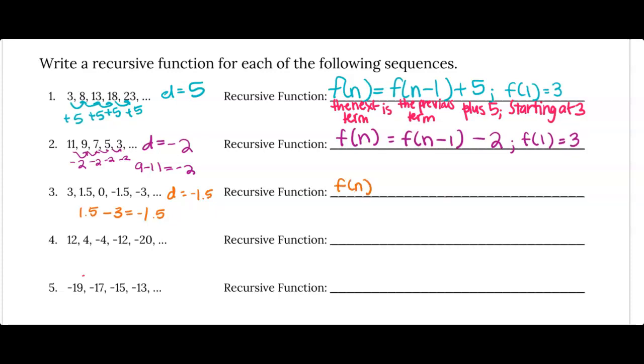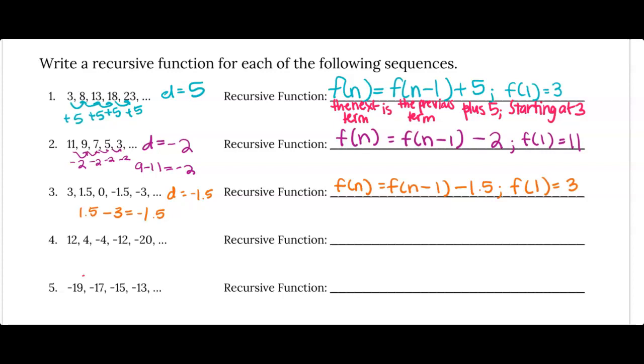The next term is the previous term minus 1.5 starting at 3 again. And I just realized in number 2 I put 3, but didn't actually start at 3. We started at 11. Sorry about that. I was looking at number 3 when I was writing the answer for that.